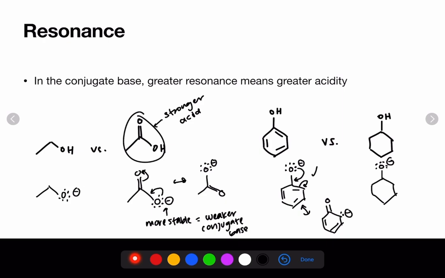So again, this conjugate base is more stable, meaning it's a weaker base. So this molecule is the stronger acid.